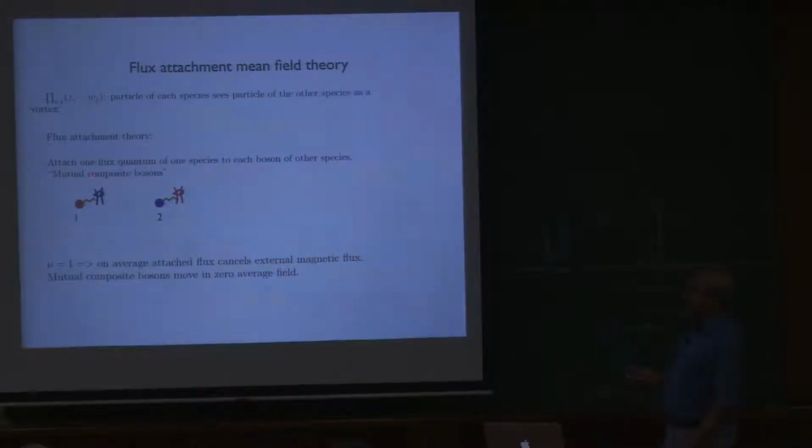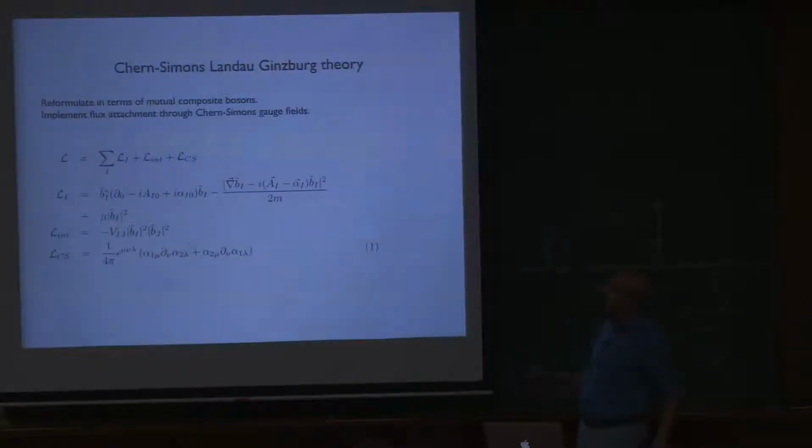Furthermore, these new particles, one can argue, are bosons. If you attach the flux of the same species, it will change the statistics and make it into a fermion. But you're attaching a flux of a different species, so it doesn't change the statistics. It's still a boson. So at the end of this flux attachment, we would have transformed the system to a system of new kinds of bosons, which on average see 0 flux, and then you can just condense them and get a state. Those are words, but let me describe it formally with some equations.